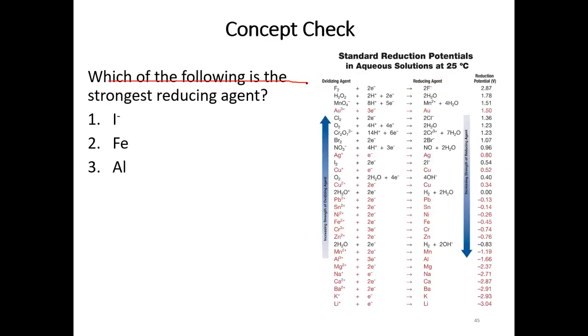Which of the following is the strongest reducing agent? So we're just going to decide based on the table, right? Where is iodine, here, iron. Iron is here, aluminum. So aluminum is going to be the strongest. Why? More negative reduction potential, if you look at that.